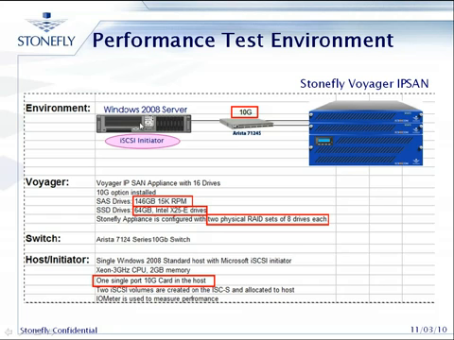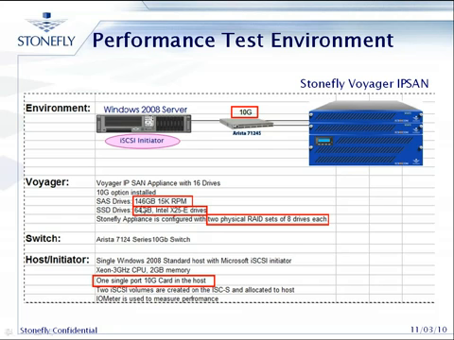We had a 10 gig switch, one Windows 2008 server, and one 10 gig interface coming from that server. So just remember, the Voyager had only one 10 gig, so the physical speed would be about 1,000 megabytes per second. That would be the max physical speed.